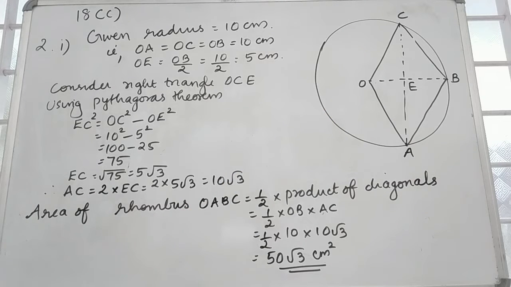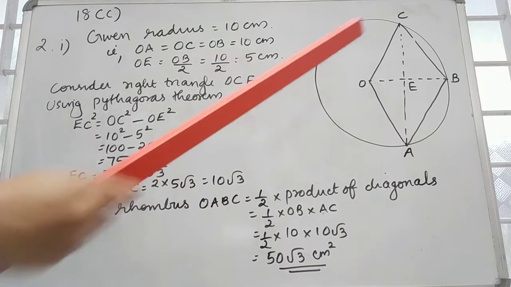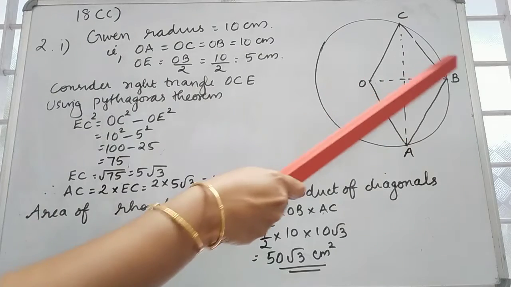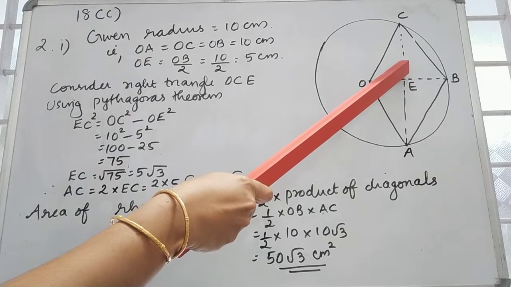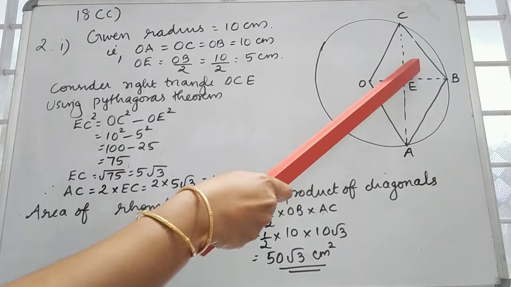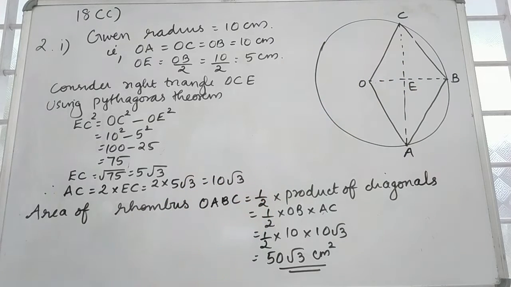Then the second condition is diagonals bisect each other at 90 degree, so each of these angles will be 90 degree. And the third condition is each diagonal bisects the angles at the vertices.